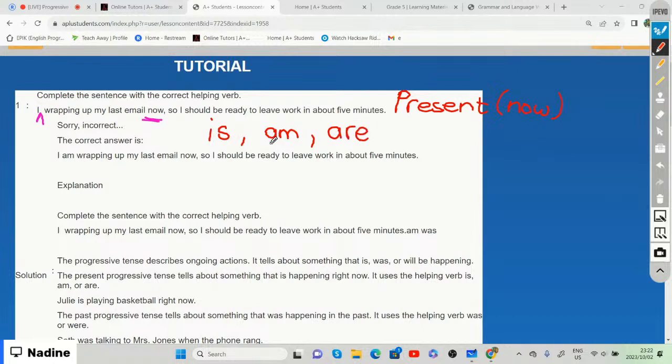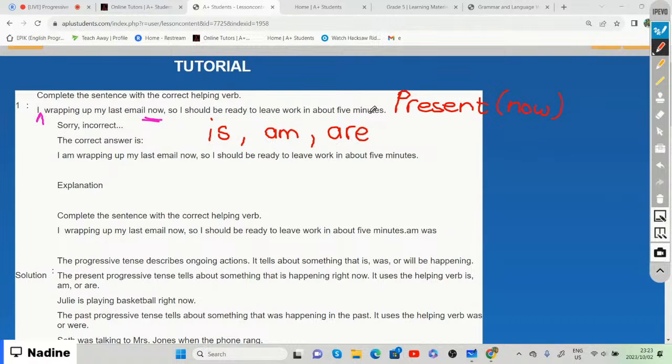Do we say I is wrapping up my last email now? Or do we say I am wrapping up my last email now, so I should be ready to leave work in 5 minutes? Or do we say I are wrapping up my last email now?